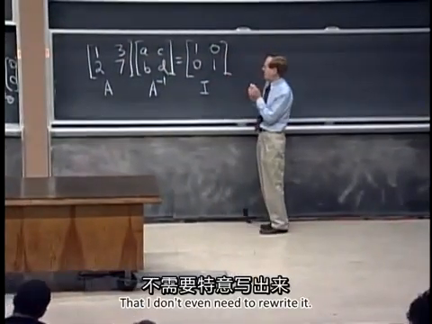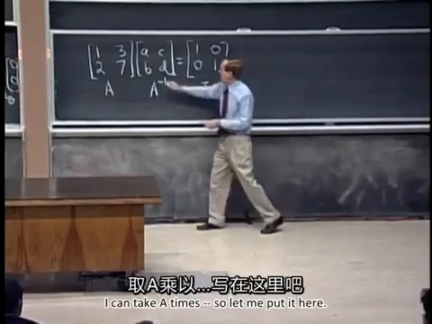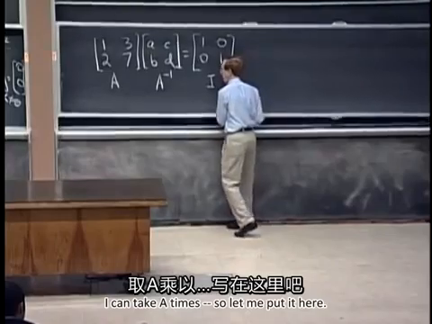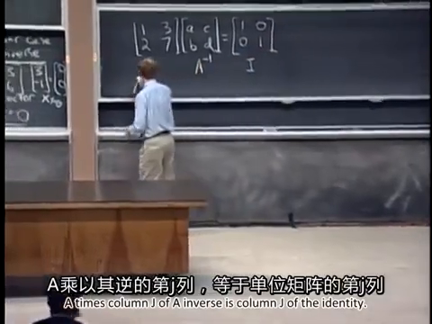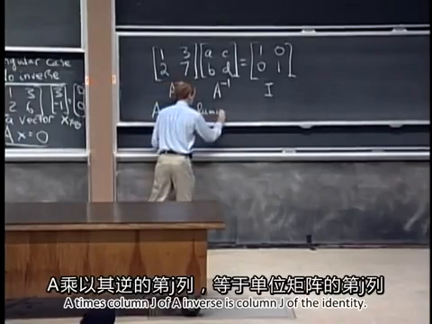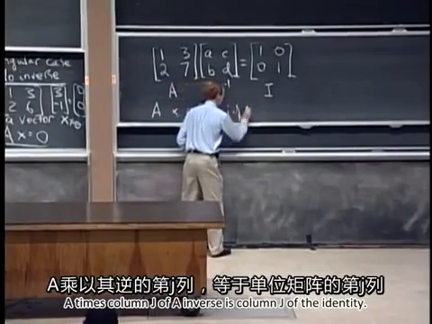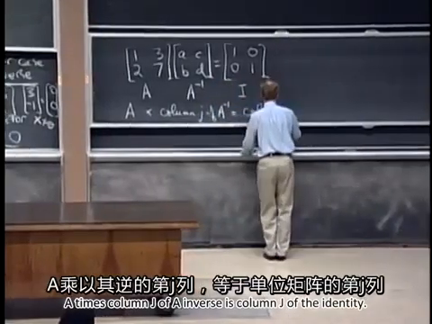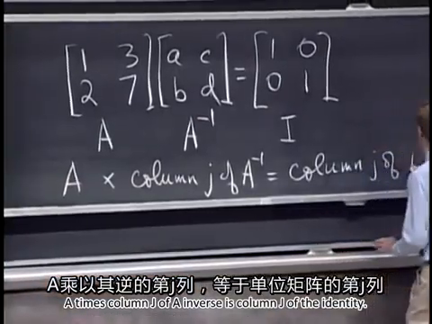I'm just going to split it into 2 pieces. I don't even need to rewrite it. A times column j of A inverse is column j of the identity.